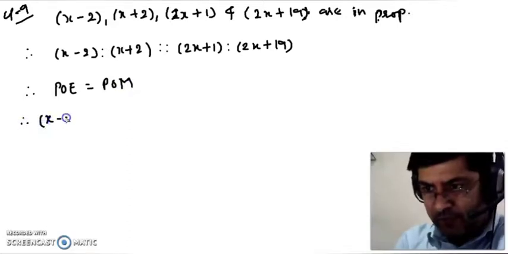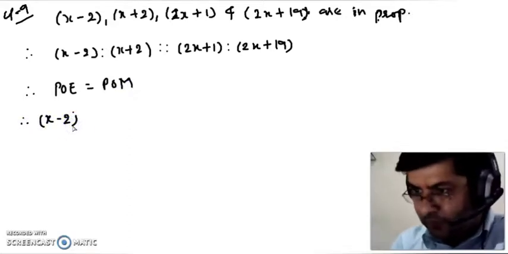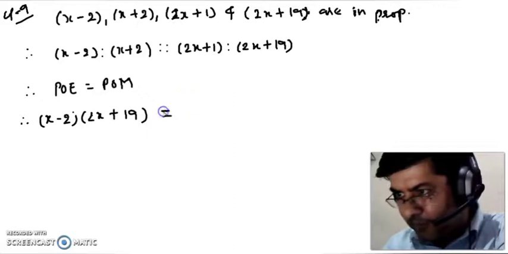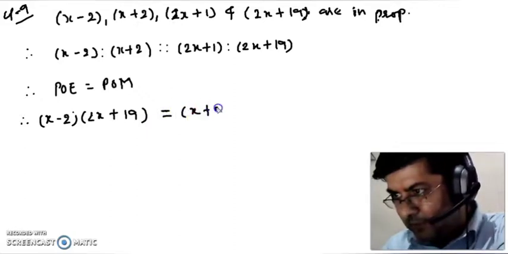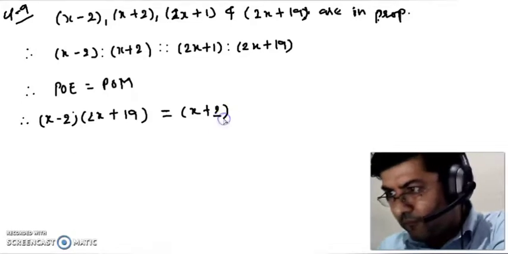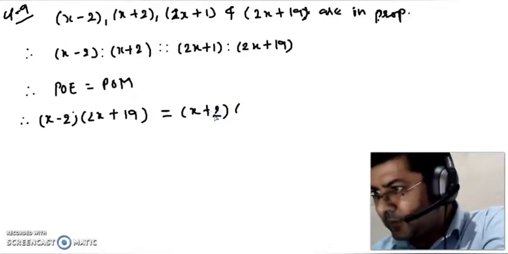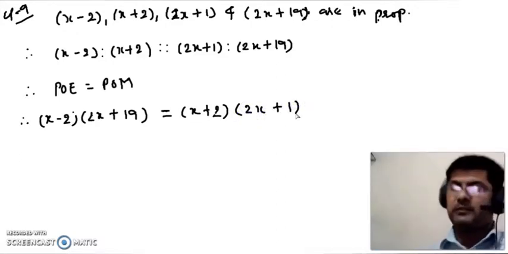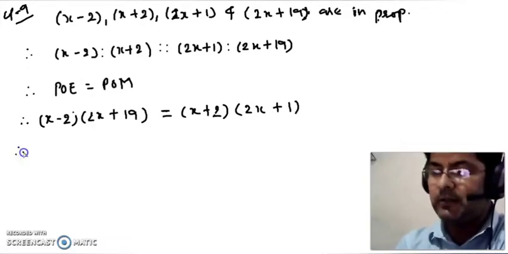Therefore we have x minus 2 into 2x plus 19 is equal to x plus 2 into 2x plus 1.